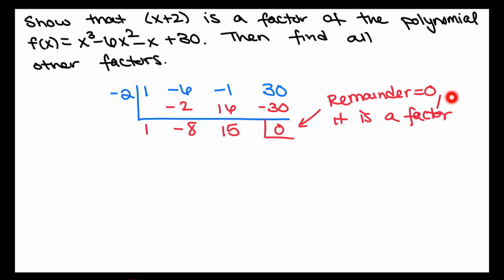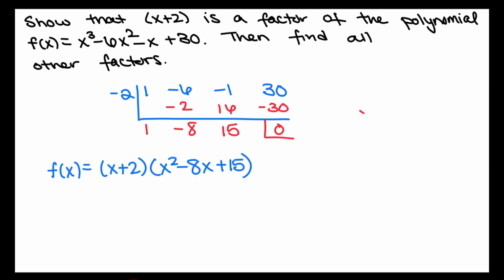Because I have a remainder of 0, x plus 2 is a factor. This means I can factor my polynomial as x plus 2, and then these numbers on the bottom are the coefficients of what's left over. If we divide the x plus 2 out, we're left with a 1x squared minus 8x plus 15. And now I can continue to factor to find the other factors and then the other zeros.